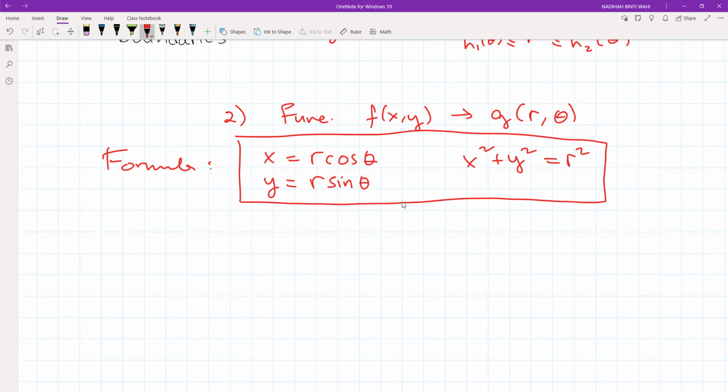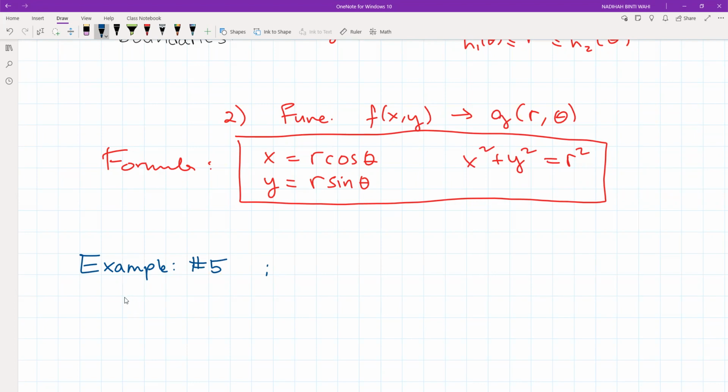Okay, let's see some example yang at the end of the lecture notes. I just want to use the setup of how to set up. Let's say example number 5. Soalan dia apa? Soalan dia evaluate the given integral by changing to polar coordinate.